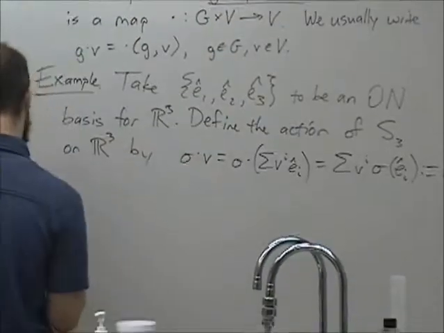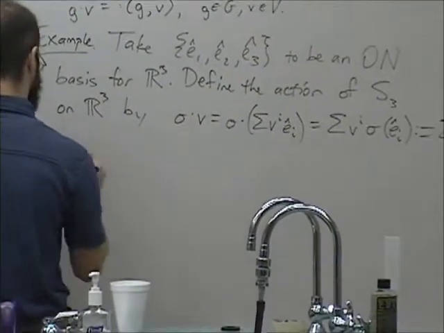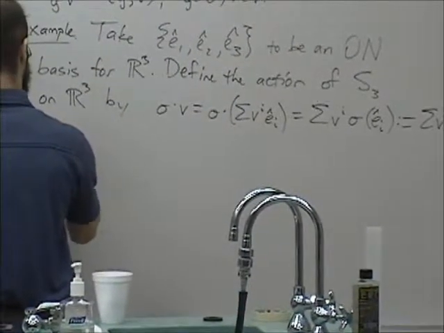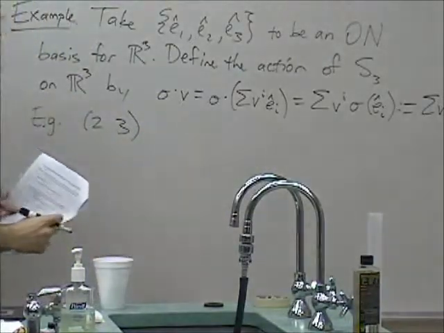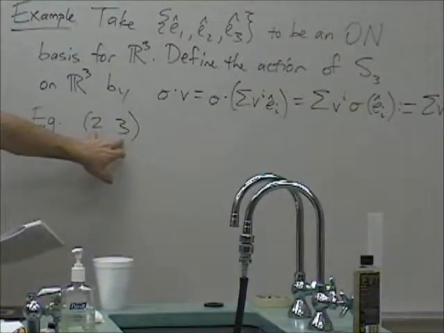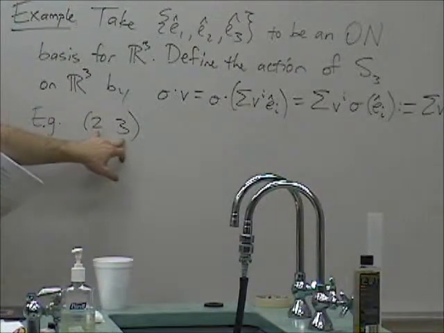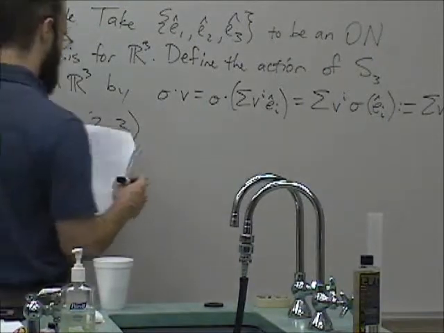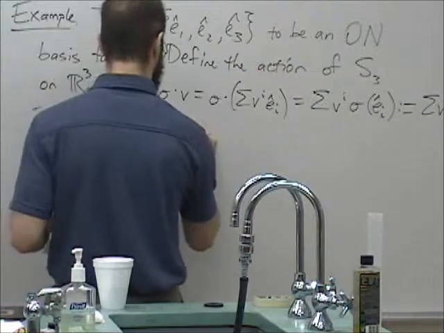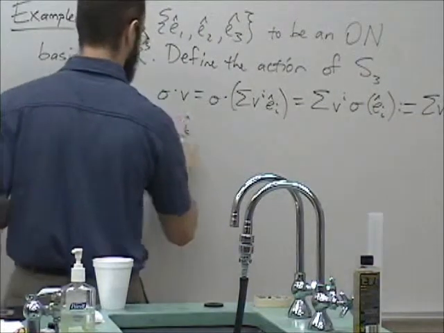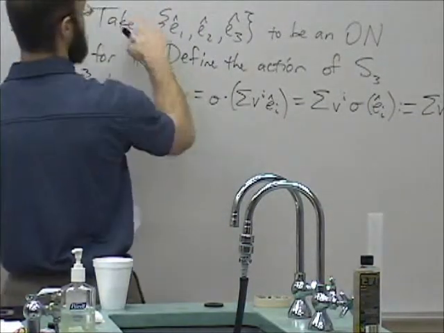All right, so let's just look for clarity. Let's apply the transposition 2, 3, so it just switches the numbers 2 and 3. And if I apply that to ijk, you can think of this as being ijk.